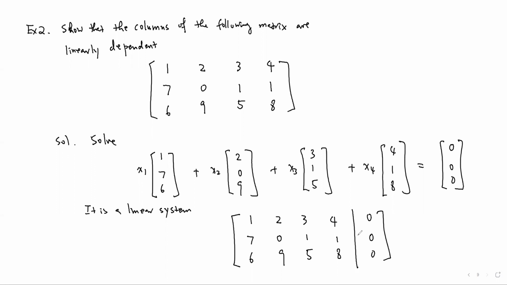Let me reduce the augmented matrix to echelon form. Let me call the coefficient matrix A, with right-hand side of course 0. Next page, I reduce this augmented matrix [A | 0] to echelon form.